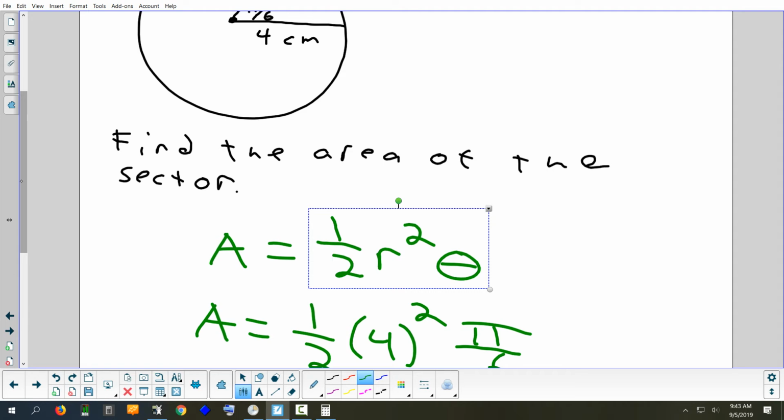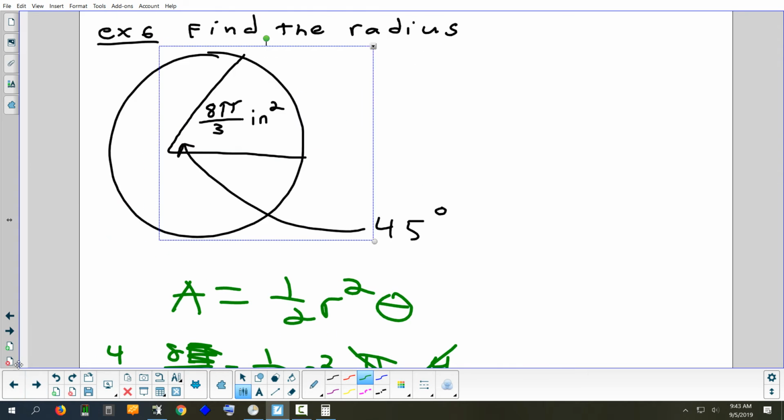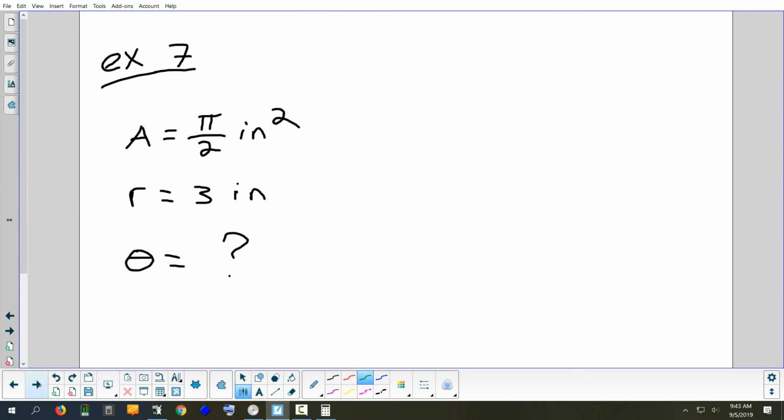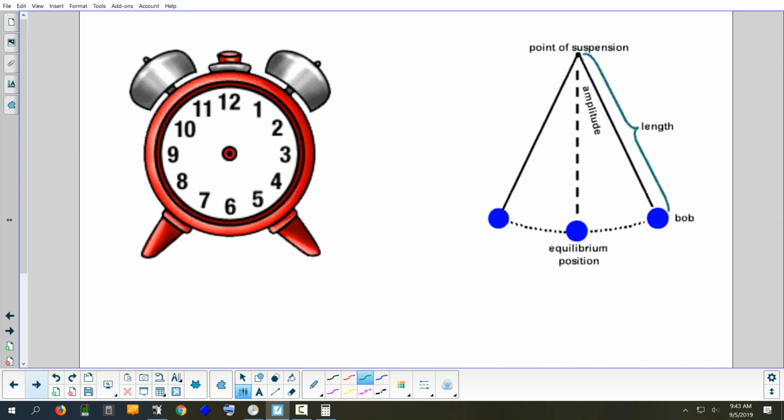R would be easier because they give you that. And then you just square it, multiply it by a half, and you can move it to the other side. So no questions on how you would do something like that? Okay. So a little bit easier again because you have R.